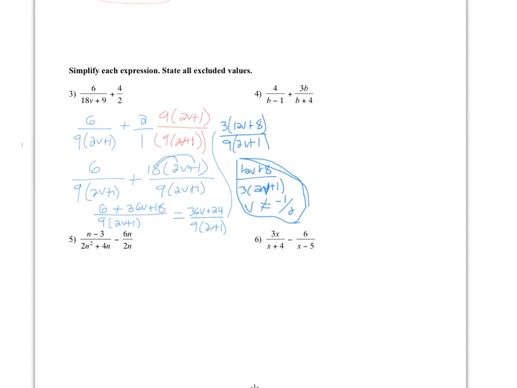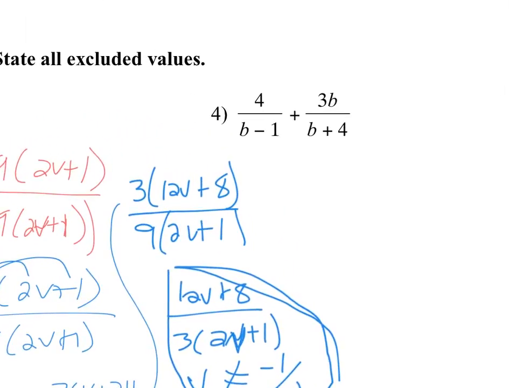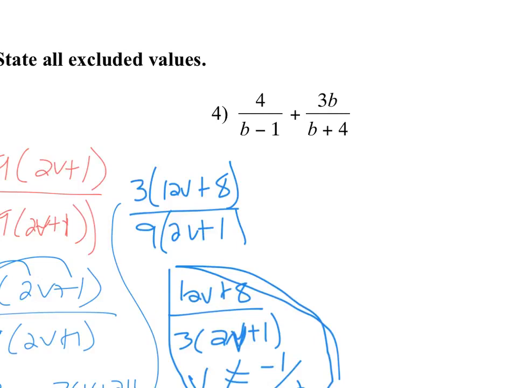Again, I need to make sure those denominators are the same. So what I'm going to do, and I'll do this in red to start, is take the bottom over here, b minus 1, and b minus 1 on the top. This 4 is in the way, so we've got to multiply by b plus 4 over b plus 4.